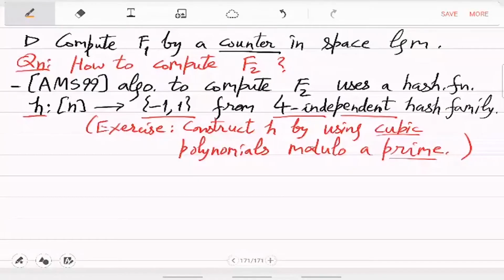You don't need its values on 1 to n. It will just be this cubic polynomial, so it will be very compact, and you can do computations as you see tokens in your stream. That is the beauty of it.